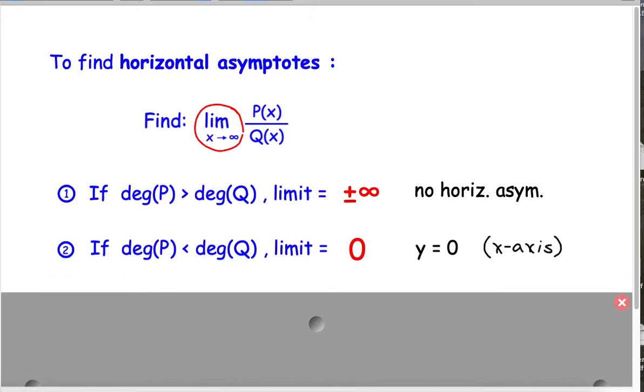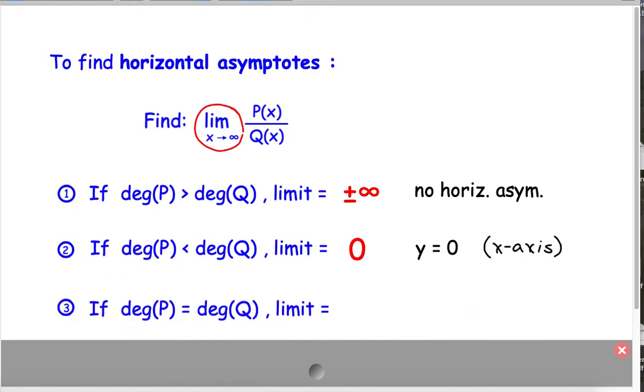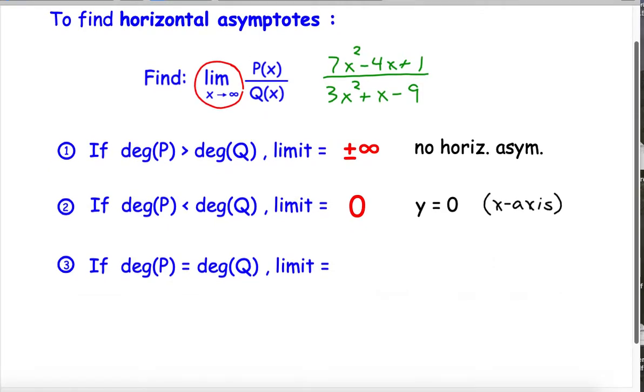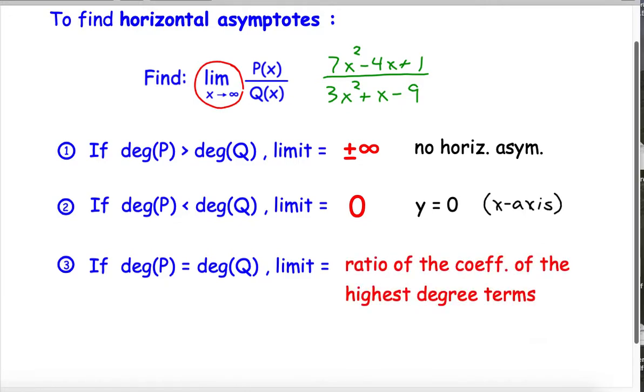What if the degrees are equal? What if the degree in the numerator and the denominator are the same? For example, let's say we had 7x squared minus 4x plus 1 and 3x squared plus x minus 9. Just made those up. So what's going to happen in that case? Well, it turns out that the limit is going to wind up equaling the ratio of the coefficients of the highest degree terms.